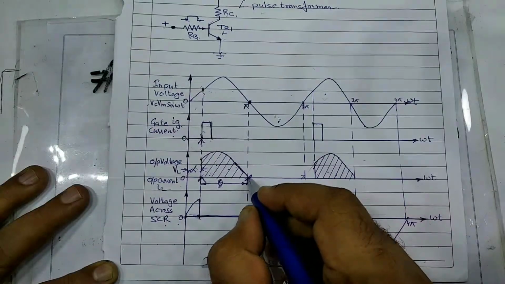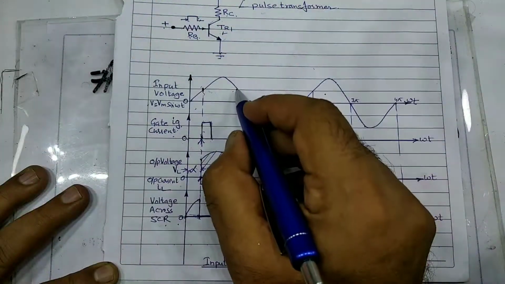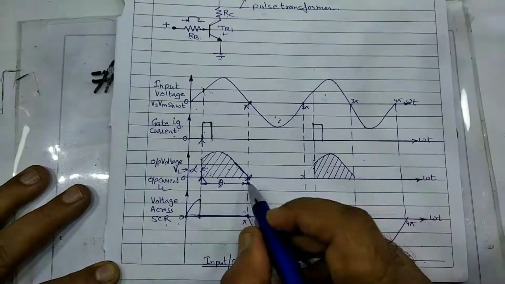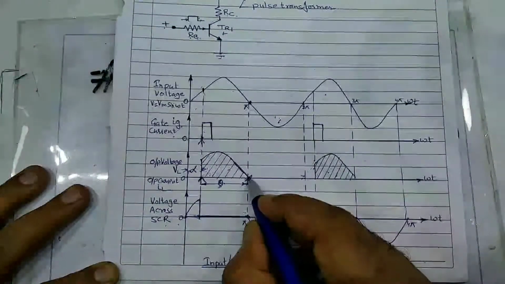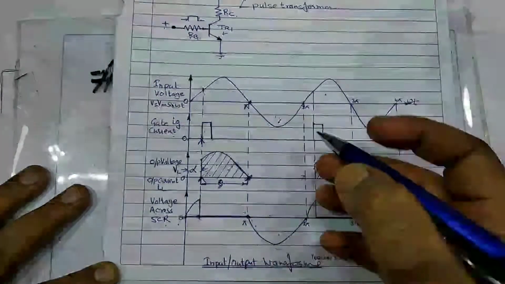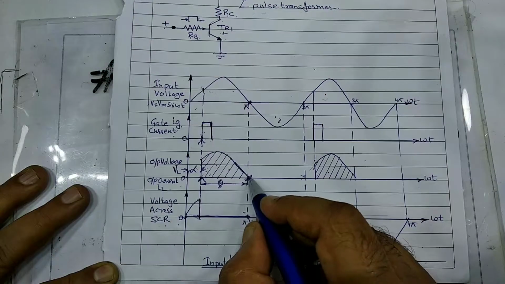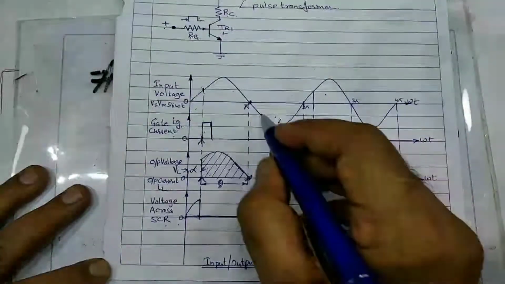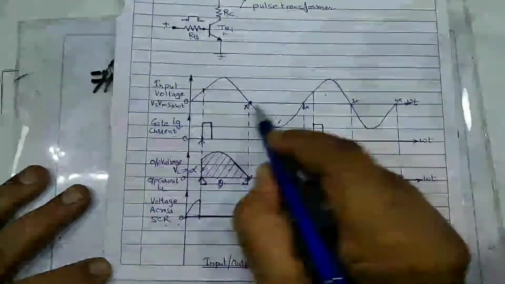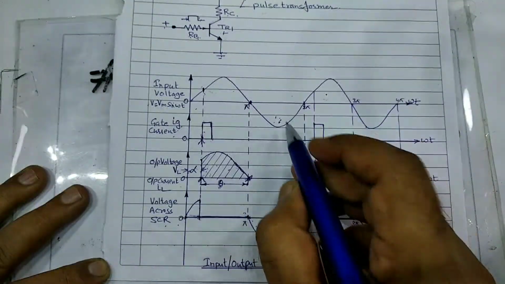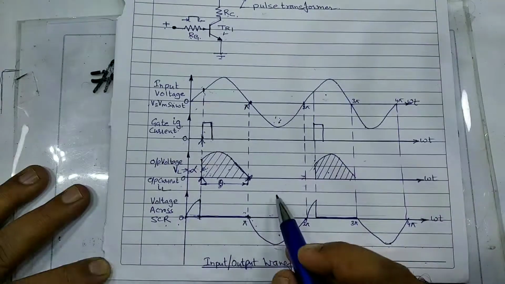At pi or 180 degrees, the input voltage becomes 0 since it is an AC voltage. Therefore, due to natural commutation, the SCR switches off at this particular point. Now in the next half cycle, from pi to 2 pi, the input voltage is negative. The reverse cycle starts.